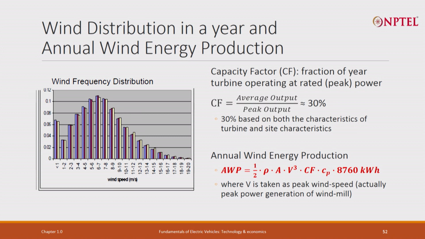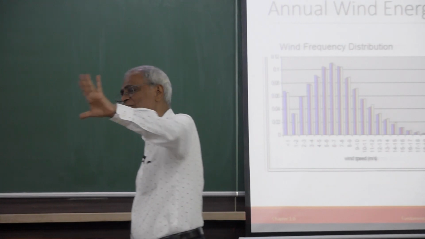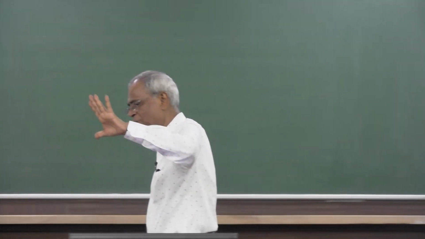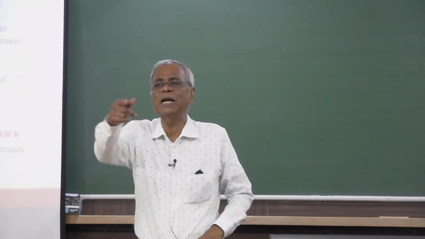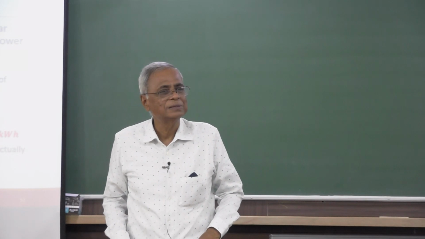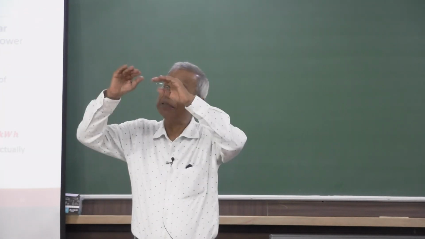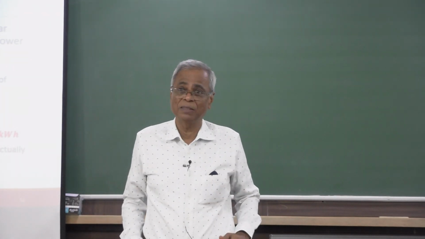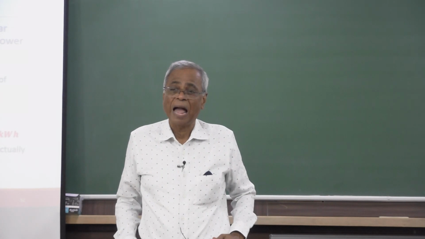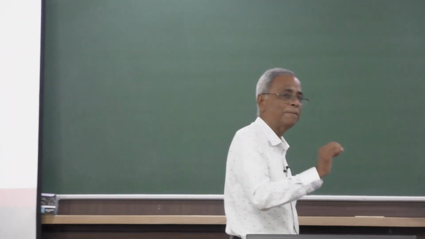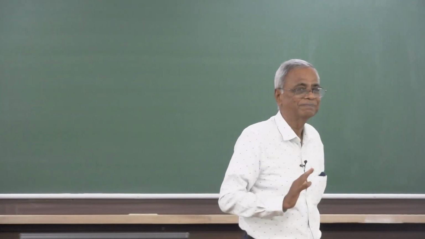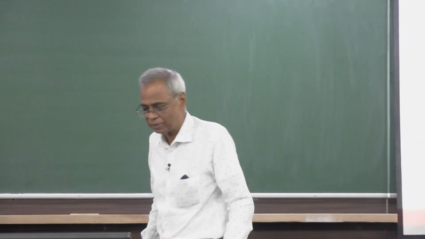So, the wind is not constant. So, 30% of the time, in 365 days multiplied by 24 hours, you multiply by the peak power of the windmill and multiply by the capacity factor, and that is the actual energy produced per year.